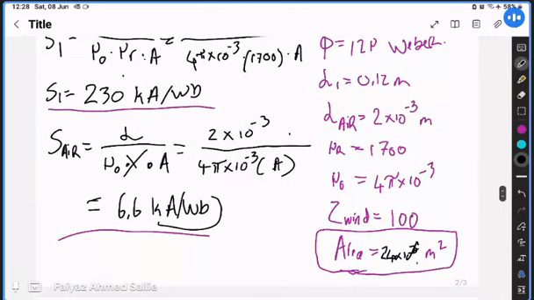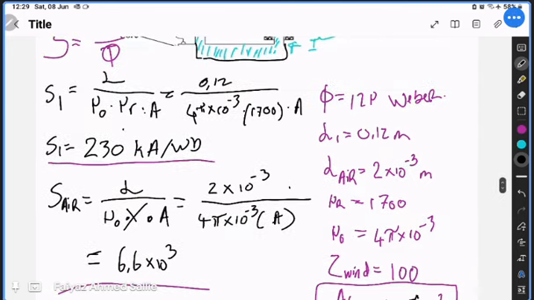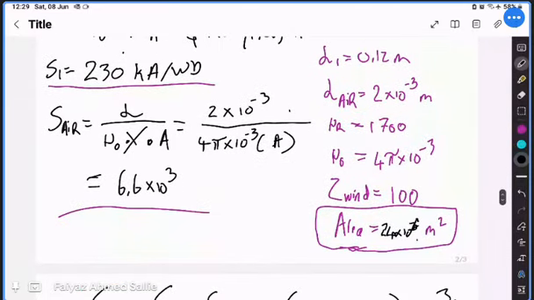Sorry guys, let me just double check this quick. So we are getting 6.6 times 10 to the 3, and over here I'm getting... are you guys getting the same answer as me?